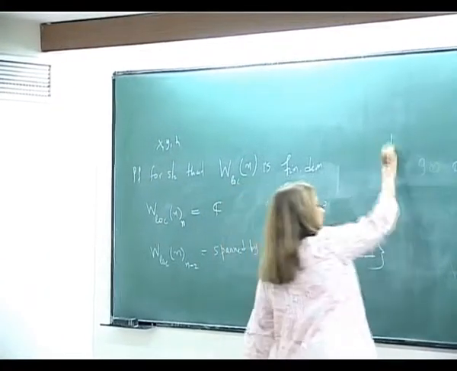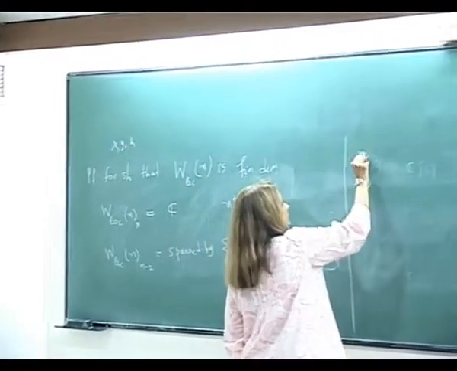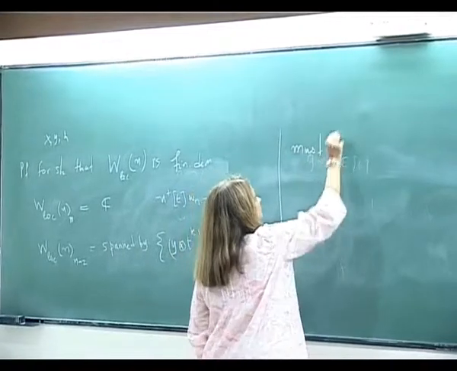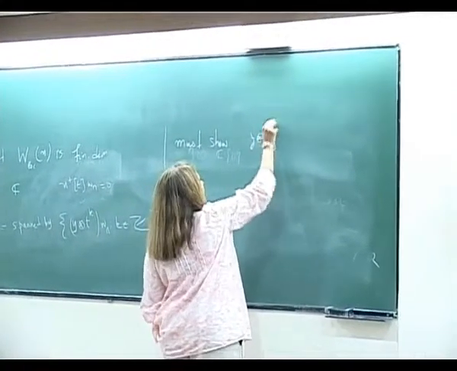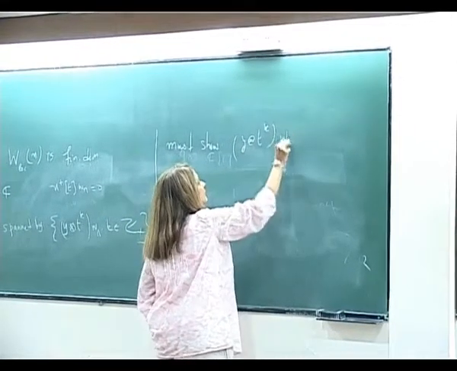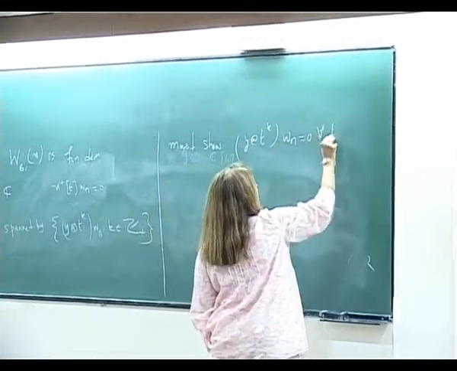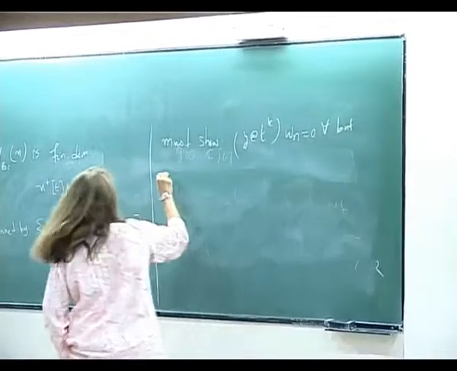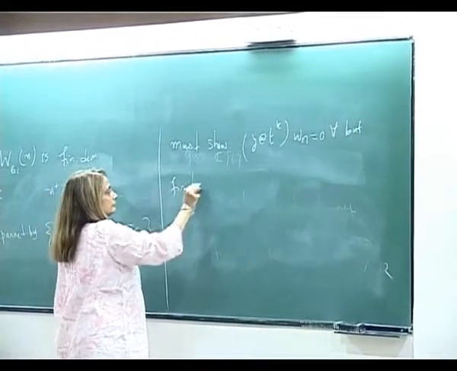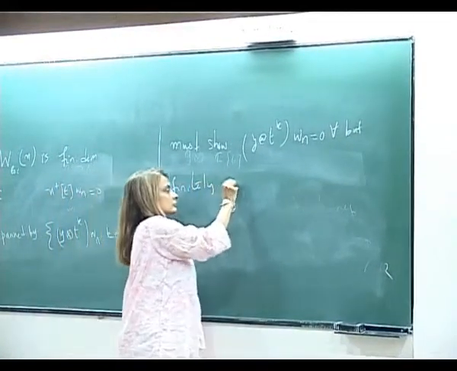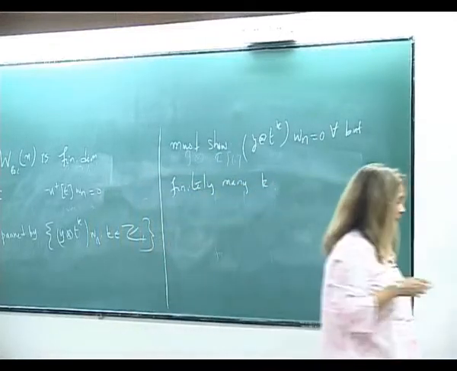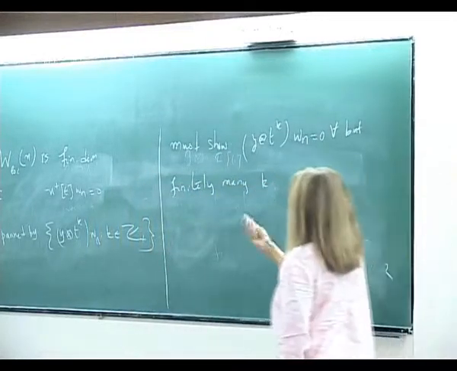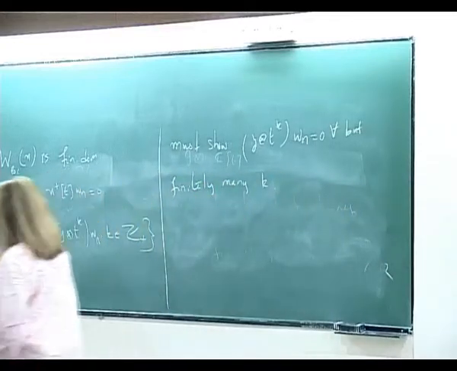So we must show that y tensor t power k, wn, is 0 for all but finitely many k. And you can't have spans because they're linearly independent if they're non-zero.